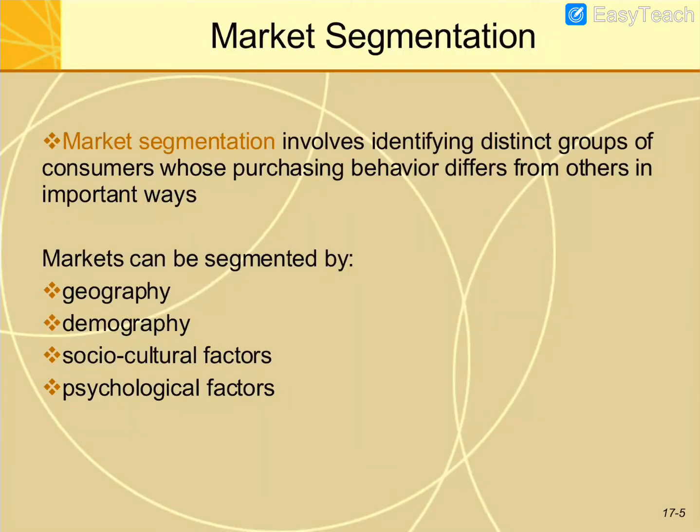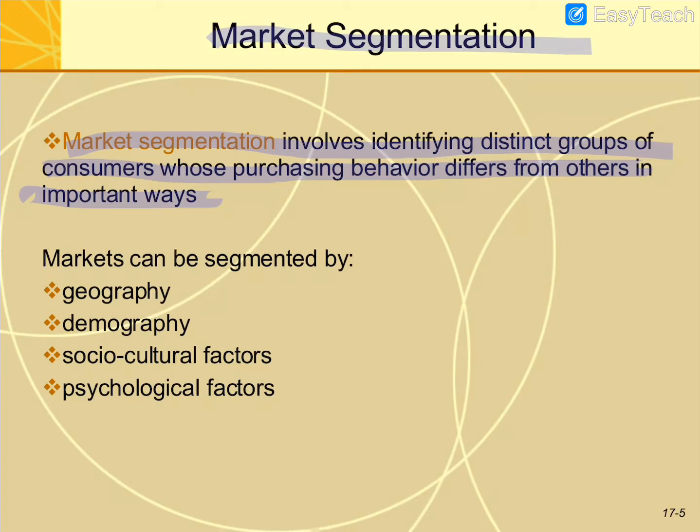Next we have market segmentation. I think market segmentation is the most popular term in marketing, right? Market segmentation involves identifying distinct groups of consumers whose purchasing behavior differs from others in important ways. In other words, market segmentation is the activity of dividing a broad customer or business market, normally consisting of existing and potential customers, into subgroups of customers.